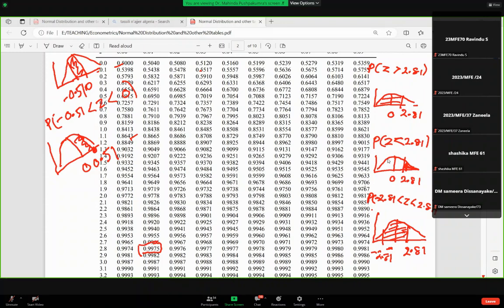Then when you read 2.81, you have the probability related to this area, including this part. But you want to find the probability related to this area. Shall I draw another one here? Then it may be clear to you.